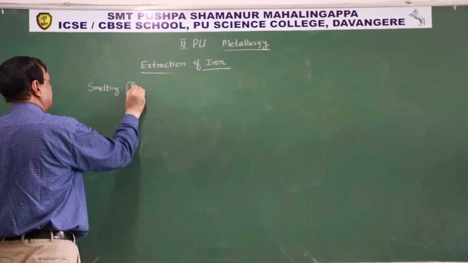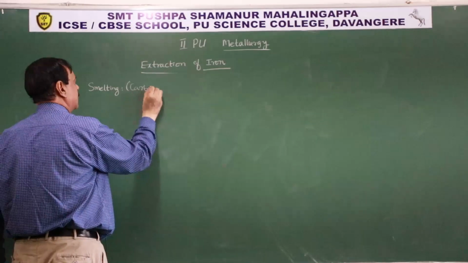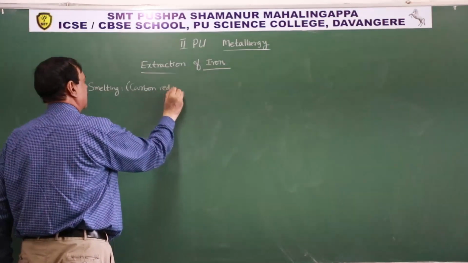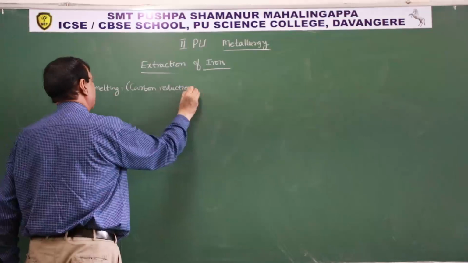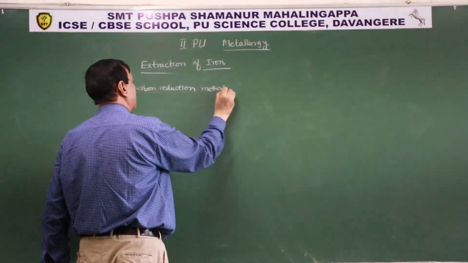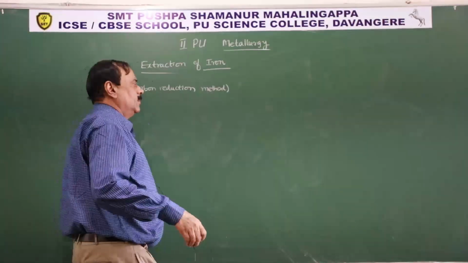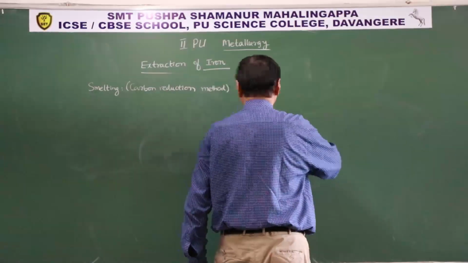Smelting here corresponds to the carbon reduction method. It consists of a blast furnace.